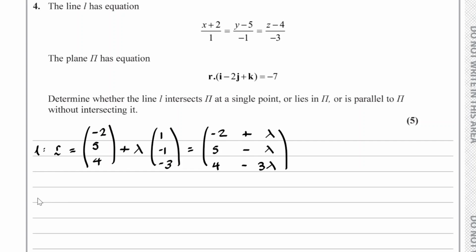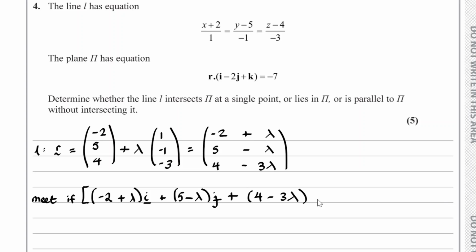So the lines would meet if minus 2 plus lambda i plus 5 minus lambda j plus 4 minus 3 lambda k, dot product with i minus 2j plus k, equals minus 7.